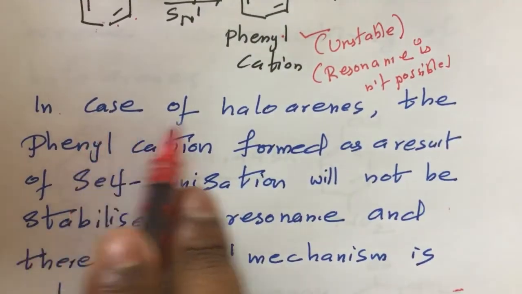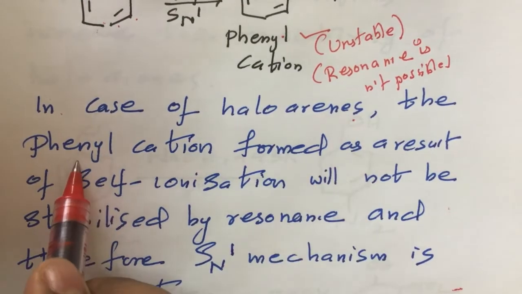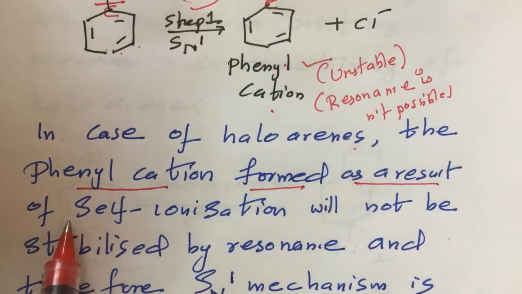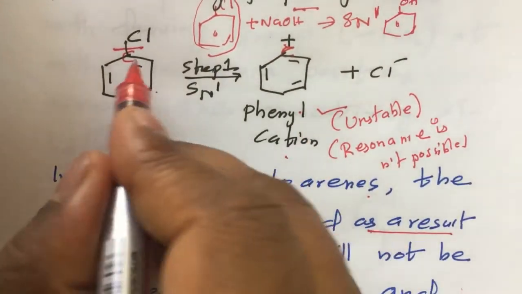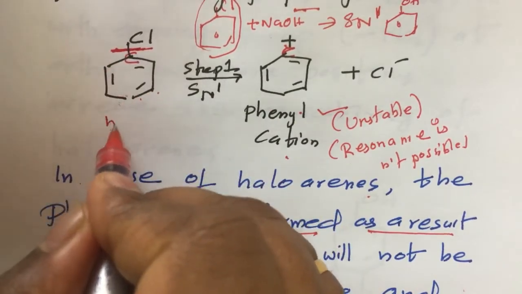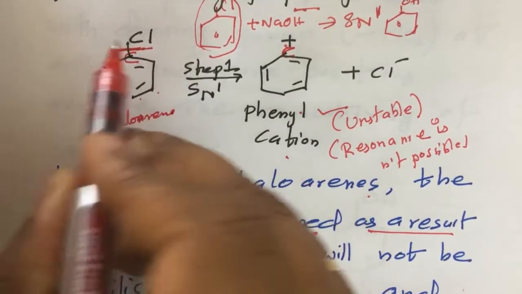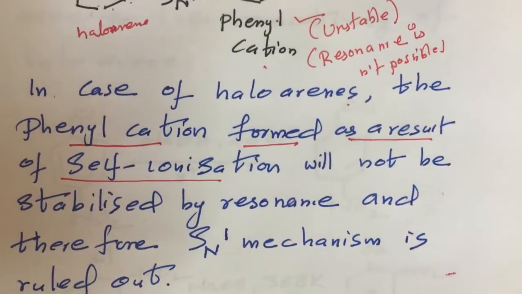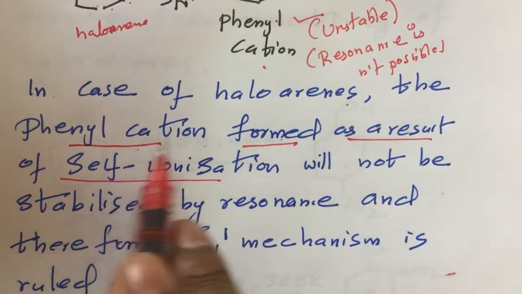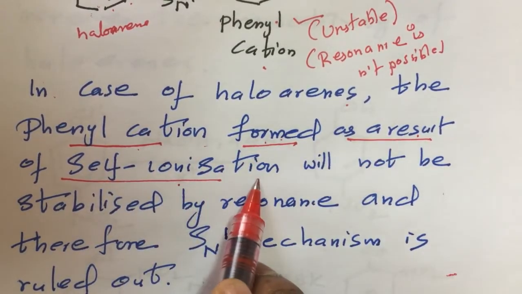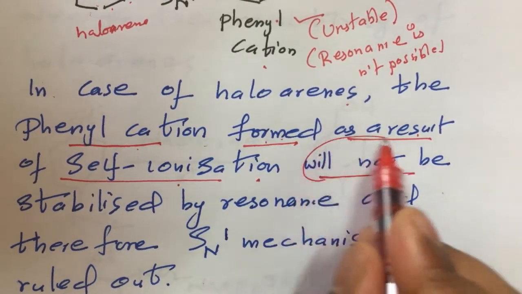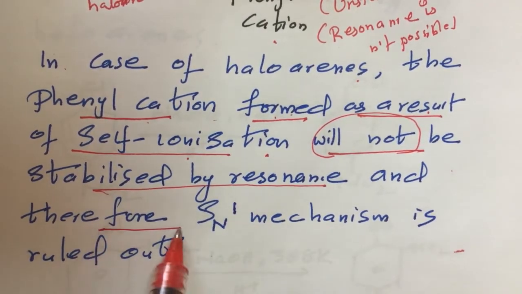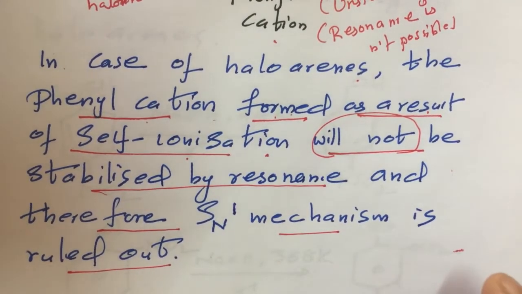So read this statement. In case of haloarenes, the phenyl cation is formed as a result of self-ionization. So what is self-ionization? The cleavage. Haloarenes undergo self-ionization. The bond breaks between C-Cl and forms phenyl cation. The phenyl cation formed as a result of self-ionization will not be stabilized by resonance, and therefore SN1 mechanism is ruled out.